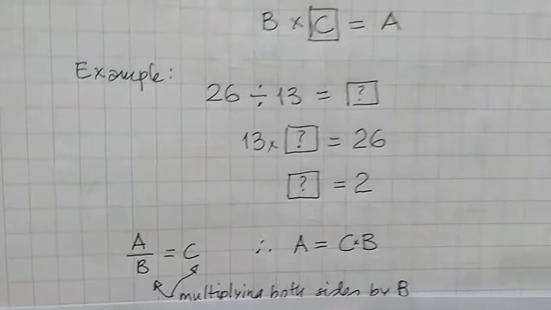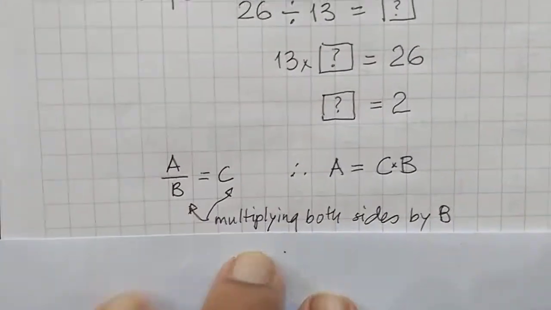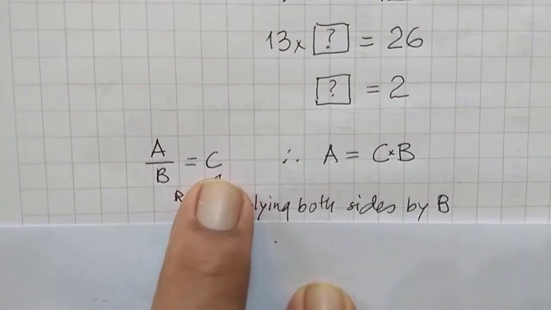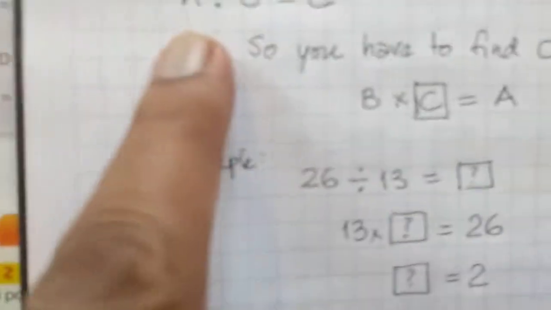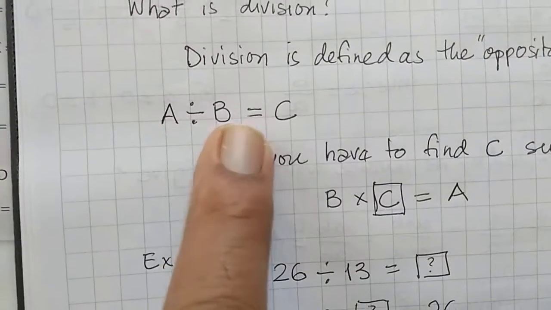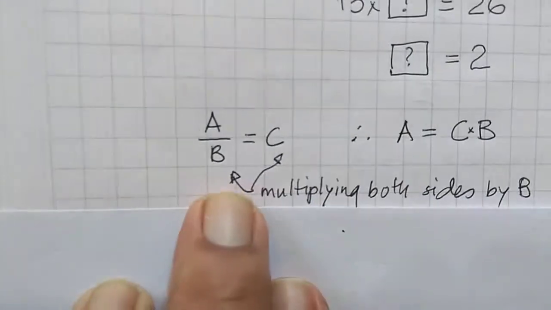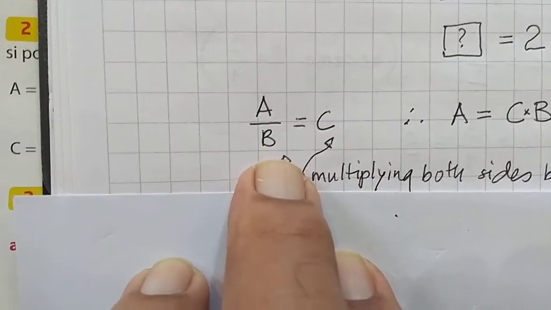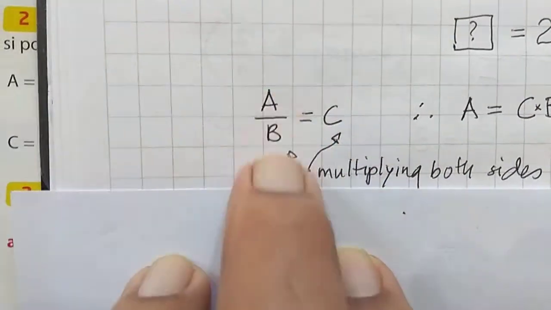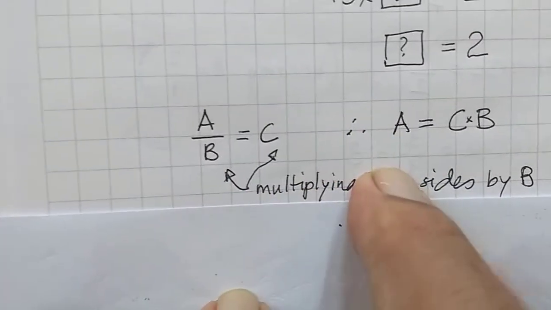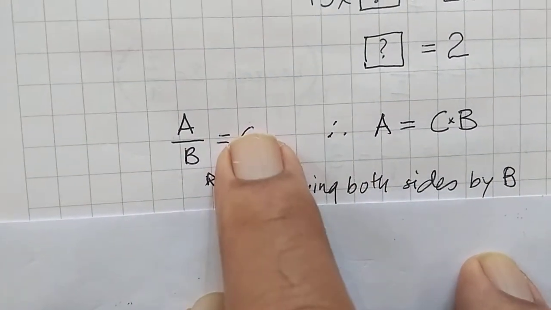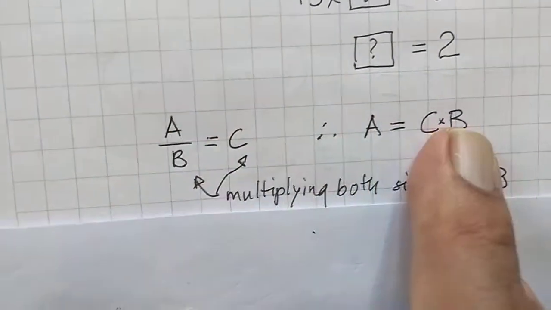So if I generalize, if I say A over B is equal to C, it's the same as A divided by B is equal to C. Now I've written it with the horizontal line, A over B is equal to C, therefore A is equal to C into B. From here to here, how do you come?